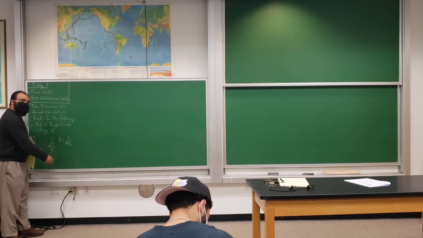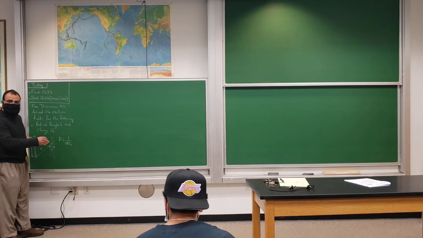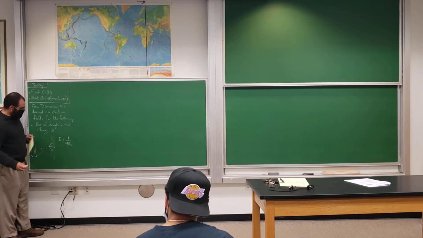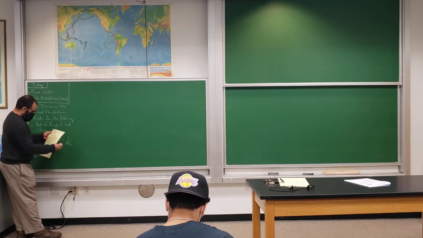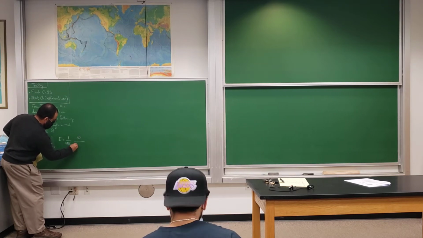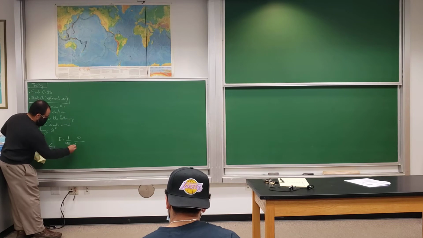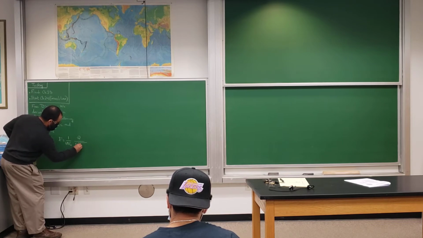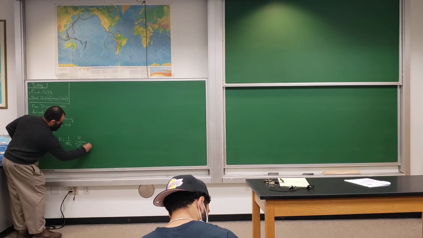I prefer to write it as 1 over 4 pi epsilon naught for the most part. All right, so here, this is Q divided by R, and then the square root of R squared plus (L over 2) squared.